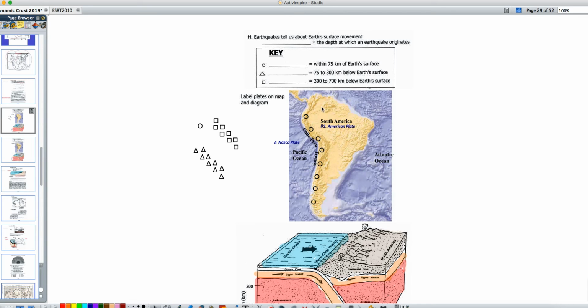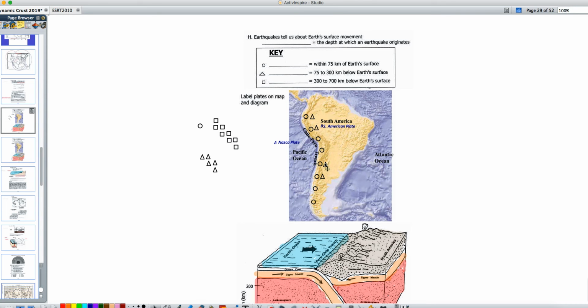Now, earthquakes that are at moderate depth, between 75 and 300 kilometers deep, are found a little farther away from the trench. And they're going to be indicated with a triangle. So we're going to put our triangles on the other side of the circles, like I'm doing here.